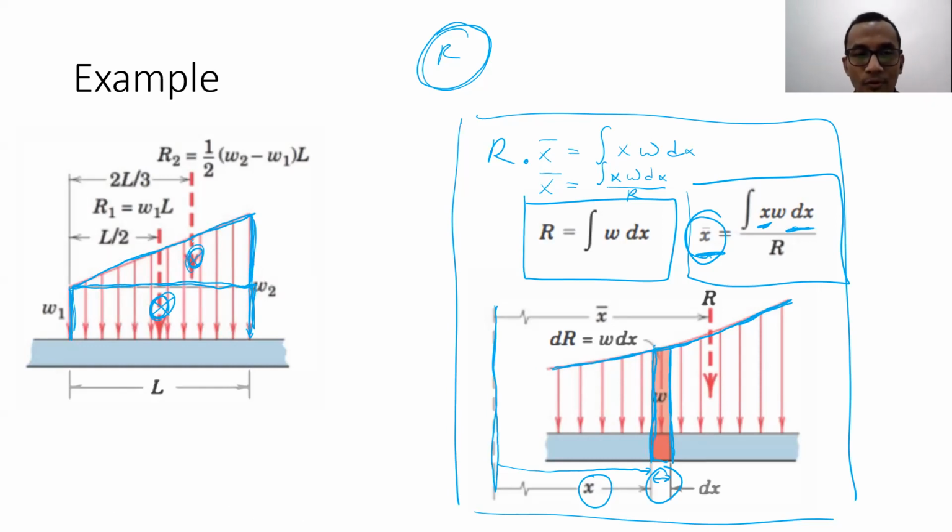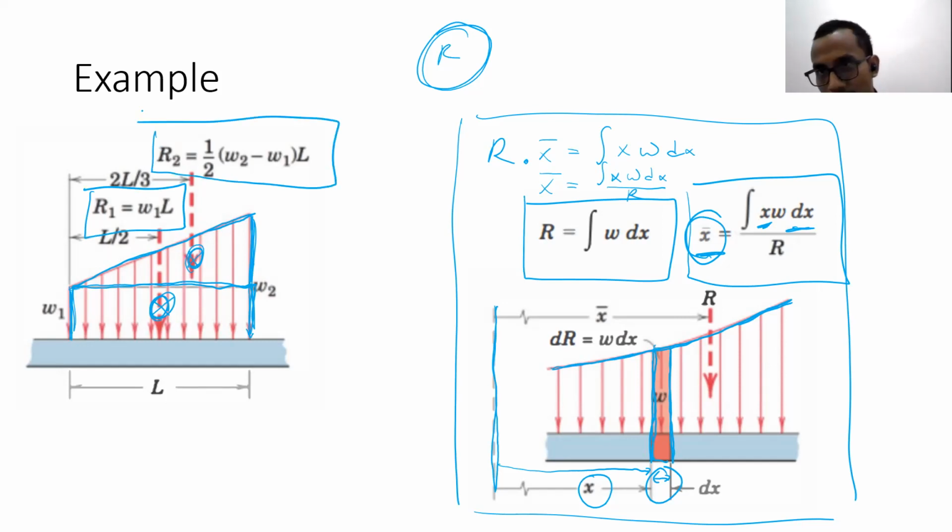The first resultant force represents the rectangle. The second represents the triangle. Each of R1 and R2 has its own location.